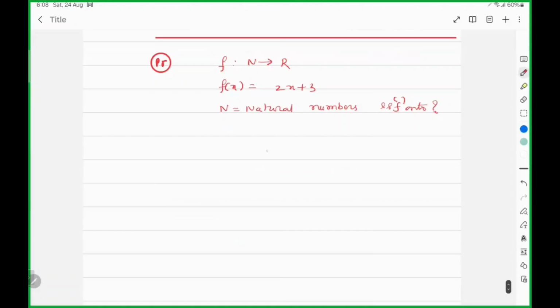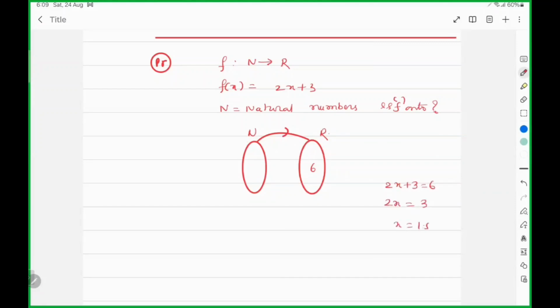Here the mapping is f, N to R. If you take, for example, 6, 6 is a real number. 2x plus 3 is 6, 2x is 3, x is 1.5.